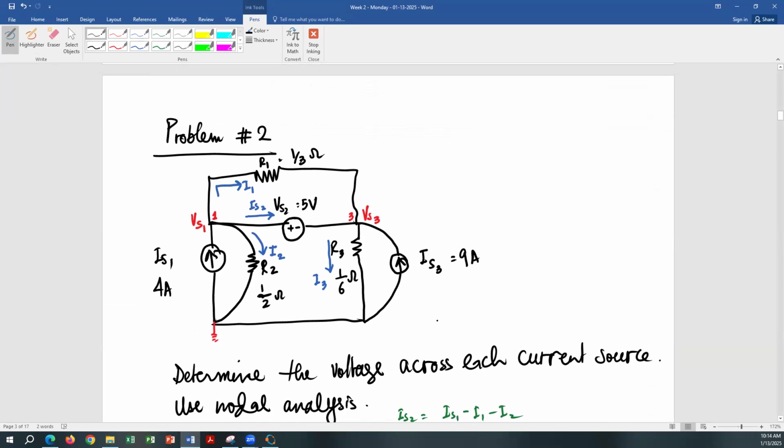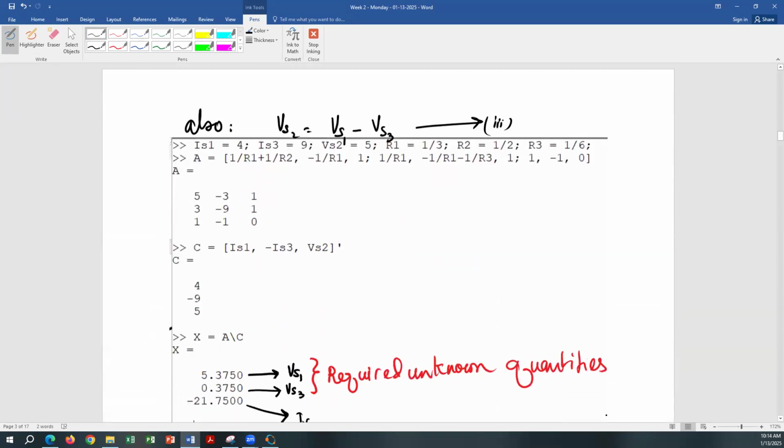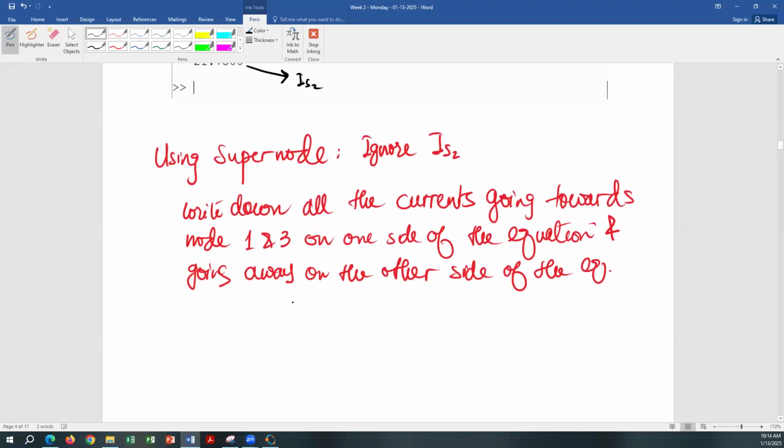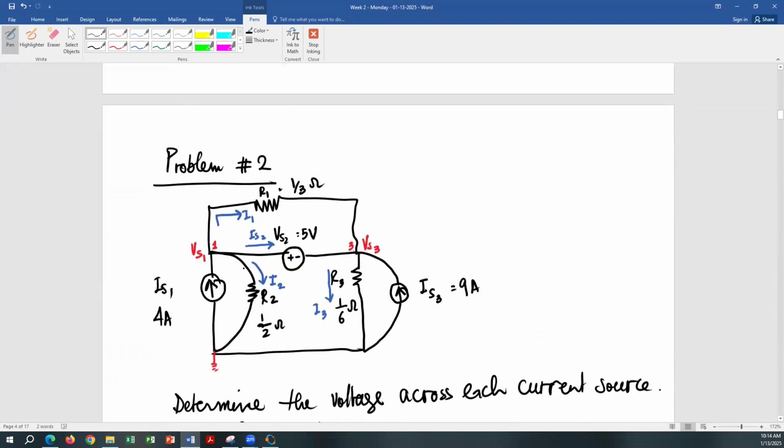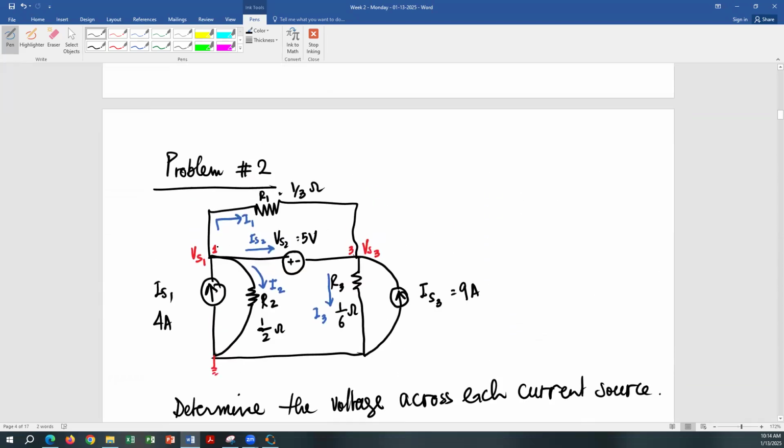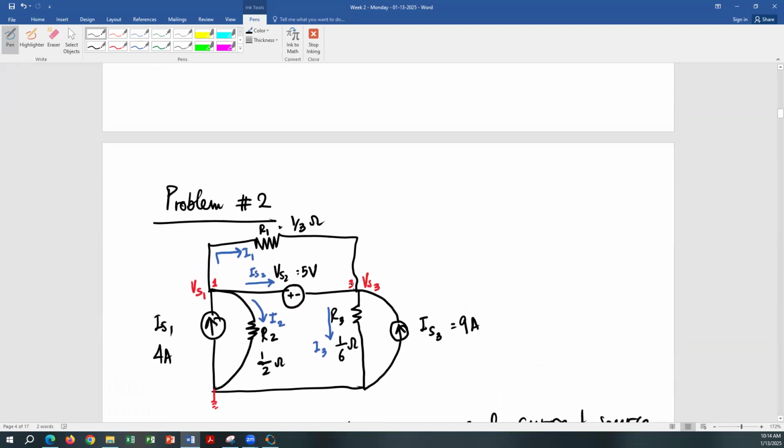So Is1 plus Is3 plus I1. And the other currents are going away either from node 1 or node 3. So I2 is going away from node 1, I3 is going away from node 3. Actually, there are only two currents, right? Or is there any third current?